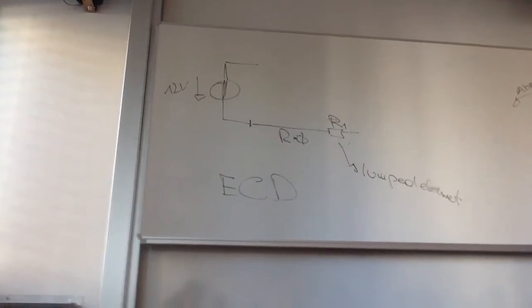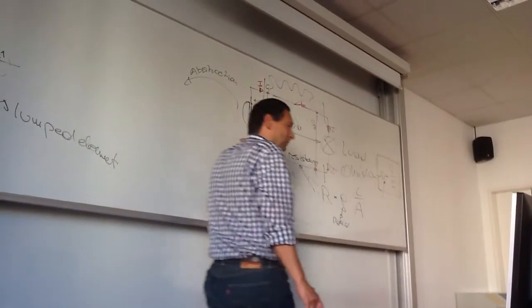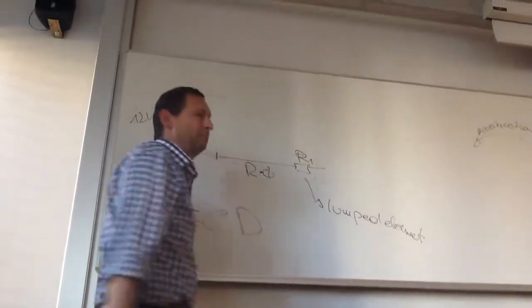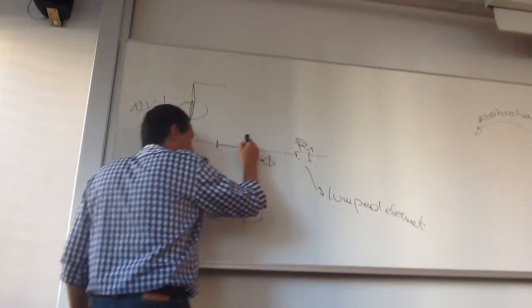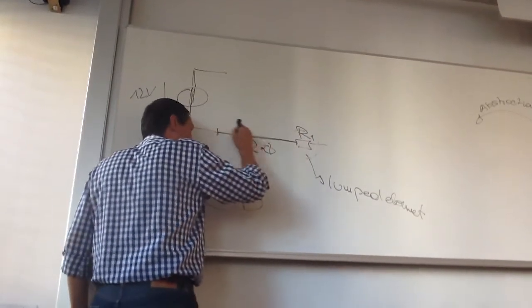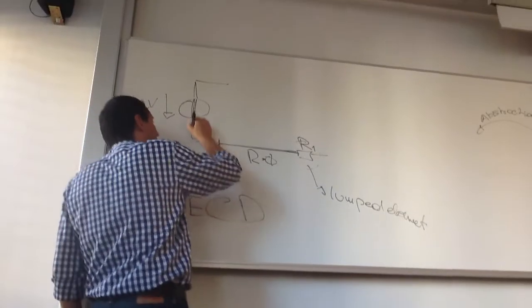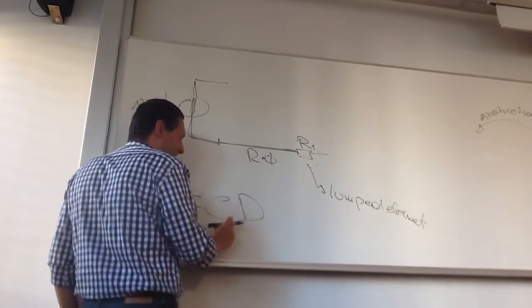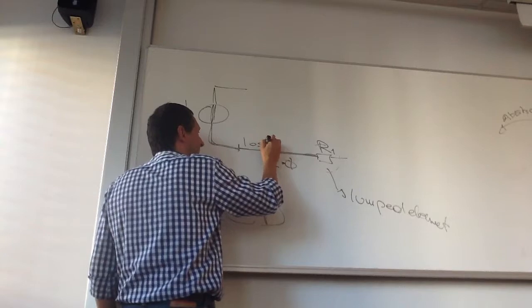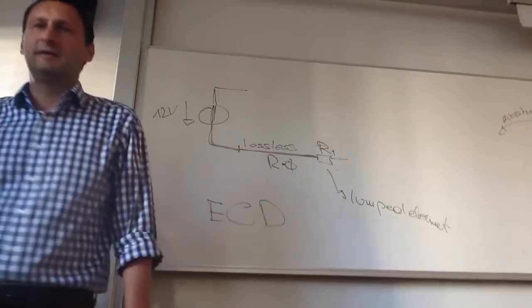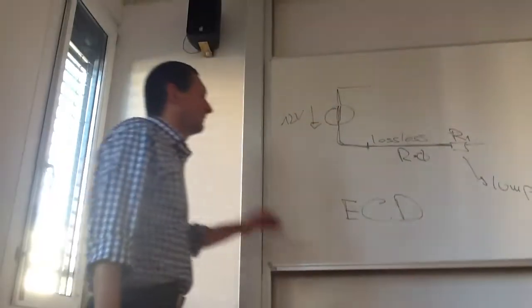You can calculate it, and then you put in this single resistor. The rest of your wire is lossless. So all the connections in our equivalent circuit diagram are lossless. That's very important. It eases your calculation.